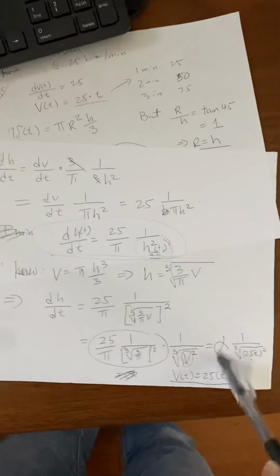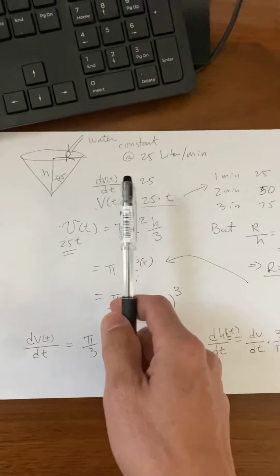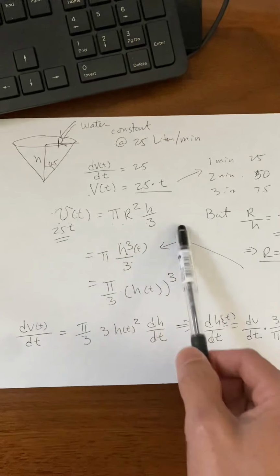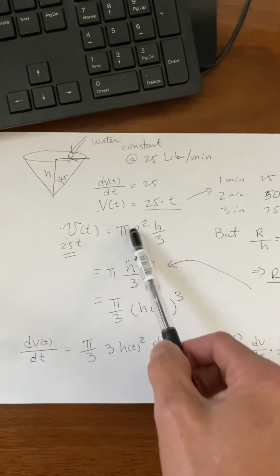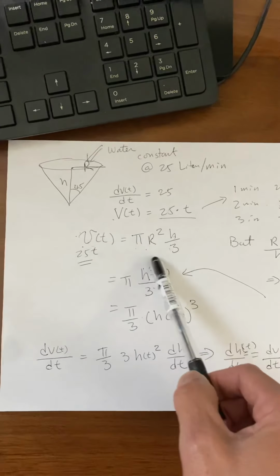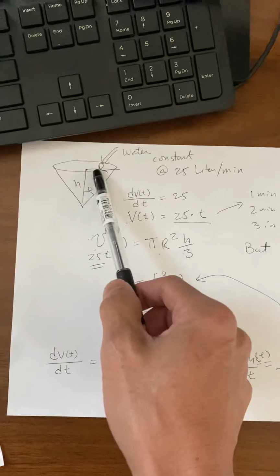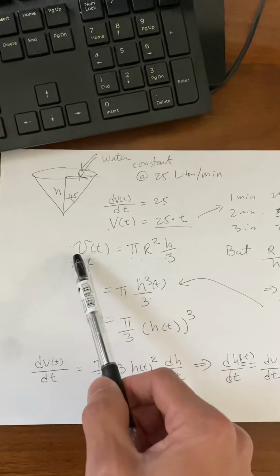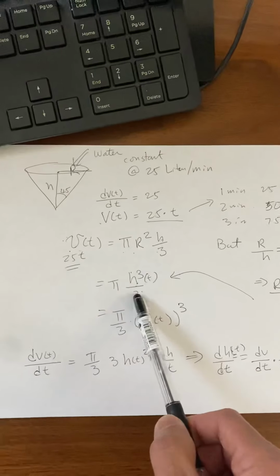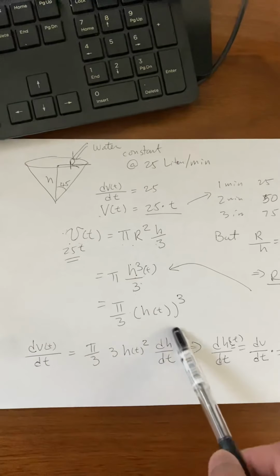So that's that, and then alpha is just this whole constant, and you can calculate it or leave it in there. So the important concept is this. You've got to get a volume. We're talking about volume. We're talking about changing volume. We're talking about the height, right? This is a confounding factor, but we know the relationship between R and H. Then we can convert this into H. Now we can see the volume change and H change in terms of volume change here, and then the height change here.